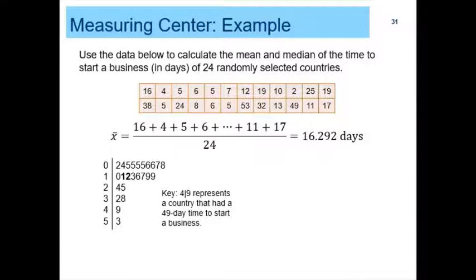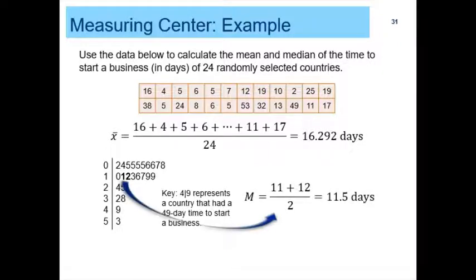If there were an odd number of observations, say 23, the median would be the 12th number. But here the number of observations is even, 24, so we take the 11th number plus the 12th number and divide by 2. Here we did 11 plus 12 divided by 2, giving 11.5 days. So here we got our median.